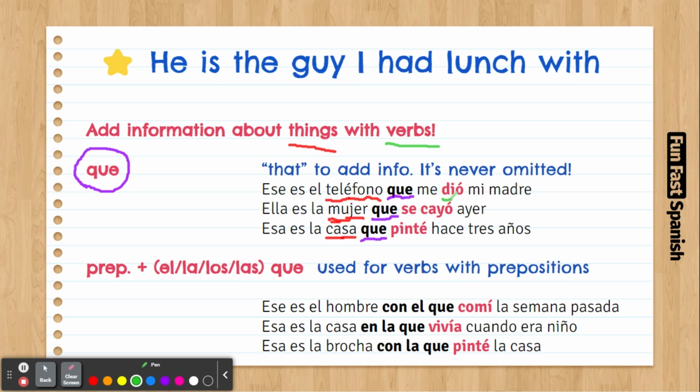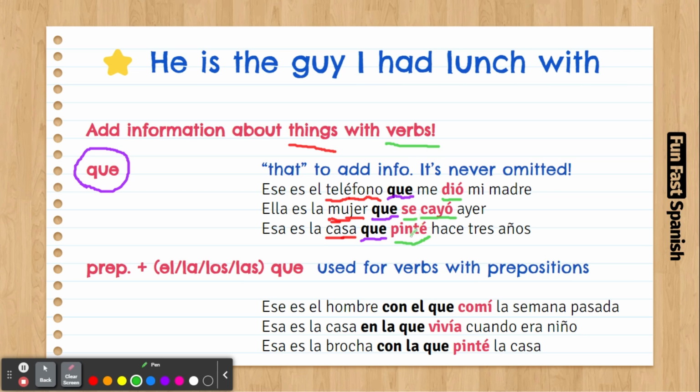You see here, ese es el teléfono que me dio mi madre. That's the phone my mom gave me. Ella es la mujer que se cayó ayer. Caerse is reflexive, to fall down. Esa es la casa que pinté ayer. So you can see here the verbs.